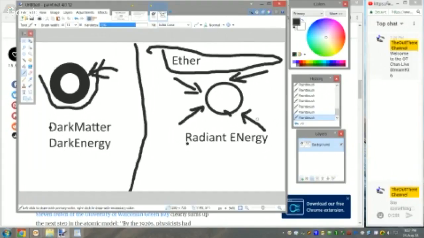And it doesn't need curved space. It's just there. So what Tesla was trying to do with his unlimited energy was somehow to release this radiant energy from this ether field and then convert it back into conventional power that we use called AC and store it as DC energy in batteries and capacitors.